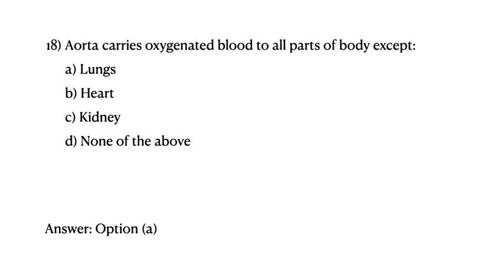Question number 18. Aorta carries oxygenated blood to all parts of body except option A, lungs, B, heart, C, kidney, D, none of the above. Now children, tell me the answer. Yes, the answer is lungs. That is option A. Aorta carries oxygenated blood to all parts of body except lungs.